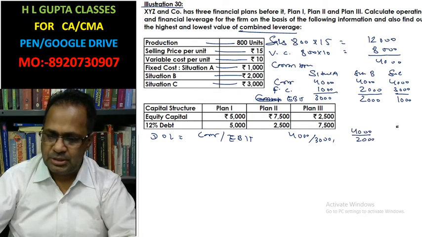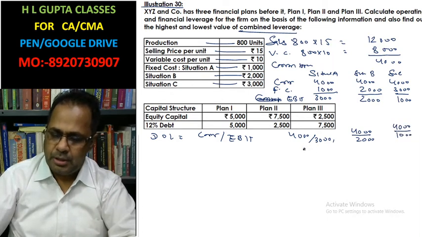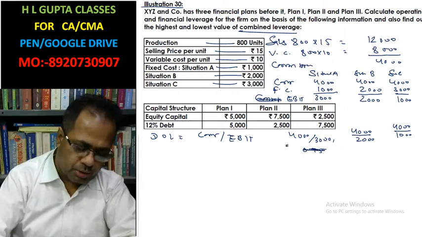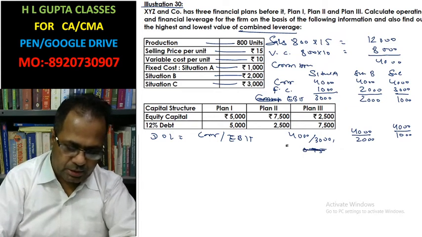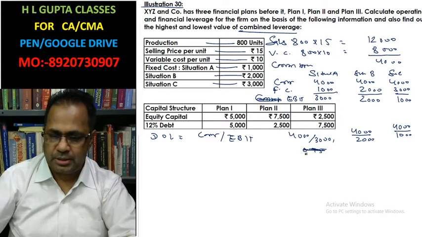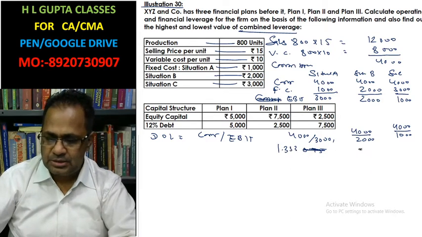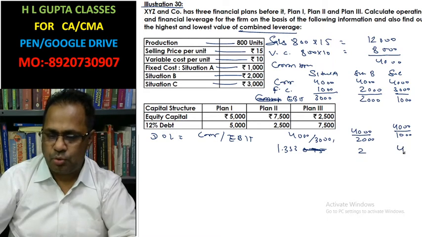In situation C, 4,000 divided by 1,000. 4 divided by 3 is 1.33, then 2, and then 4.